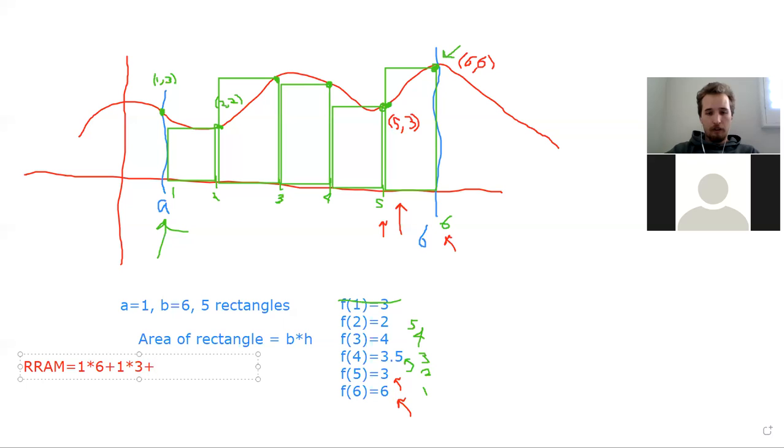What's the third rectangle? Great, good job. Everyone got that one. Nice. What's the fourth rectangle? Fifth rectangle. And sixth rectangle.